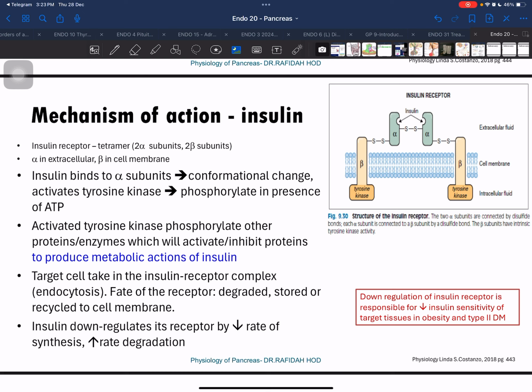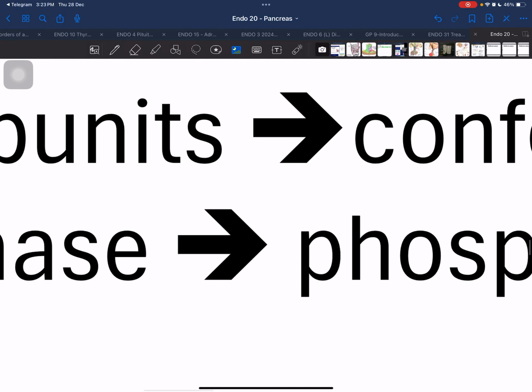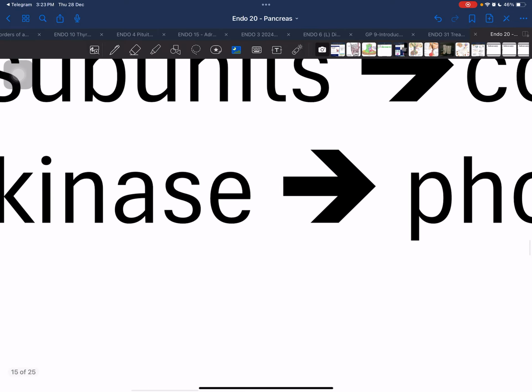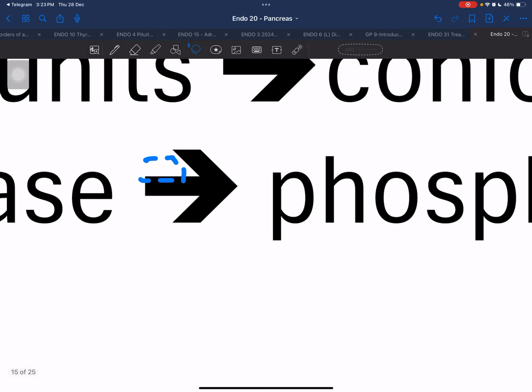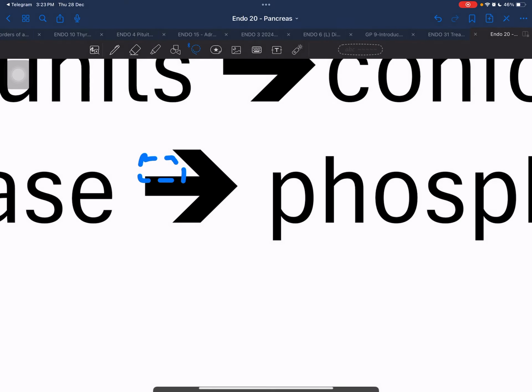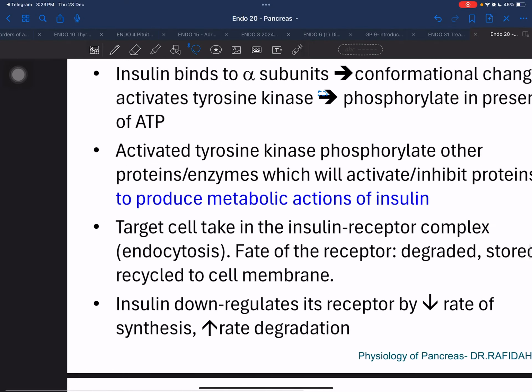Bila dia downregulate ni, maknanya downregulate the receptors, that means you can have the insulin but it will not be sensitive. So bila insulin tu tak sensitive pada receptor, so all the mechanisms the insulin tu tak boleh happen and cannot produce all the actions of insulin lah, because the receptor tu dia dah downregulate. Insulin is not sensitive anymore.